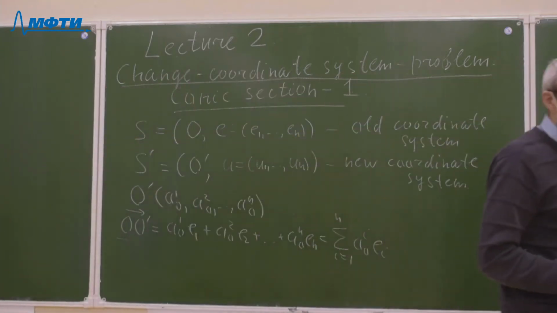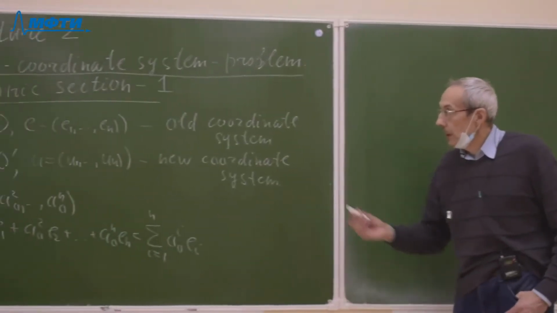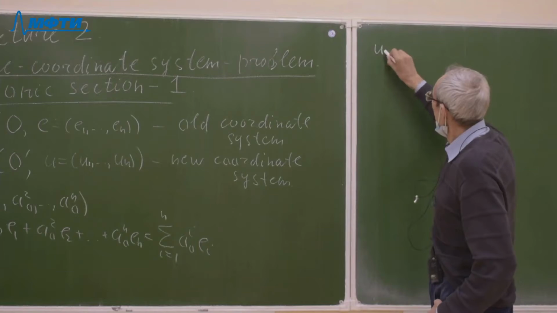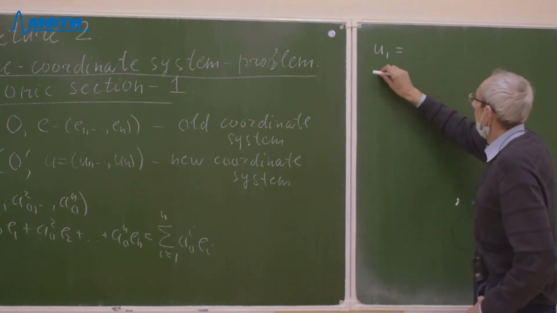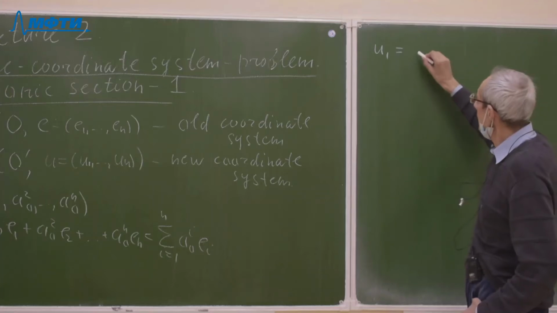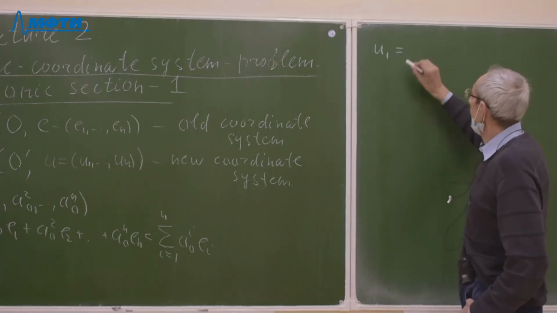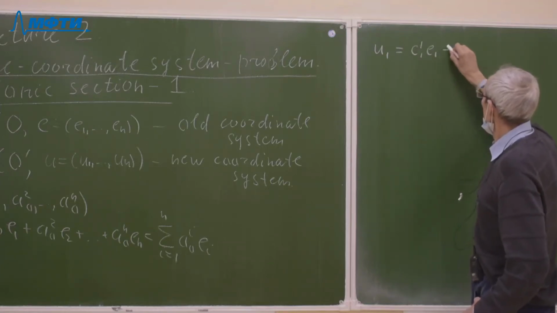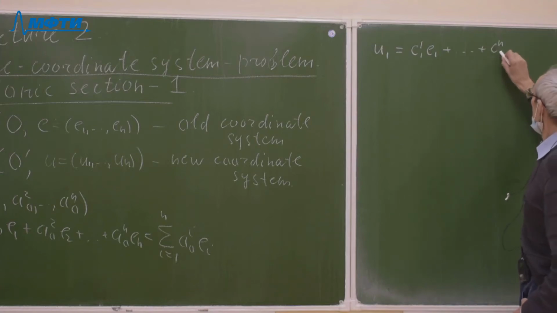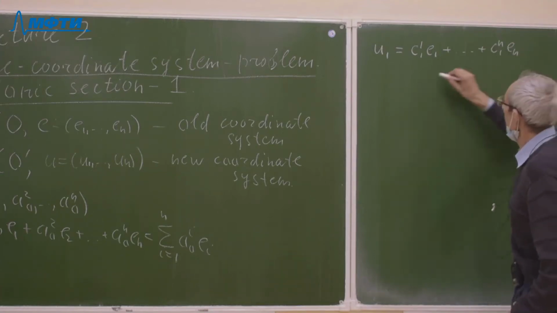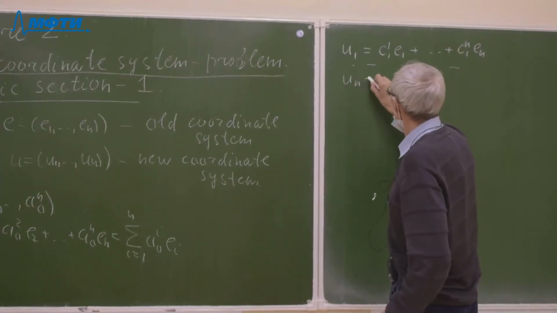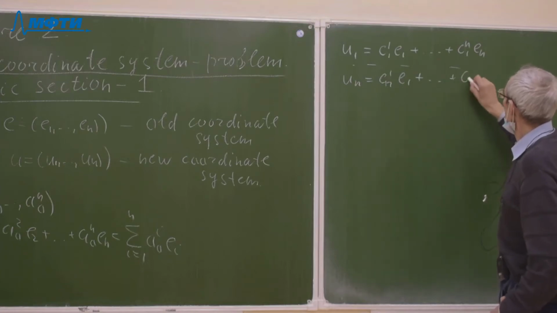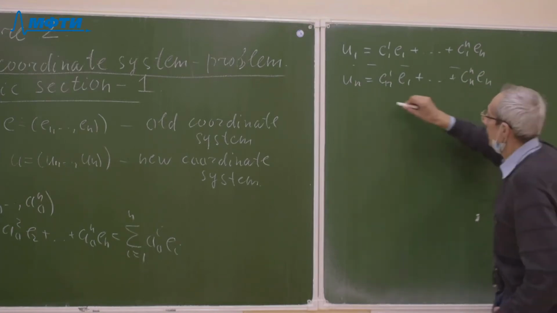And we have also the relation between the new basis and the old basis. Namely, we have the following equality: u1 is equal to c11 e1 plus, and so on, cn1 en, and so on, un is equal to c1n e1, and so on, cnn en.